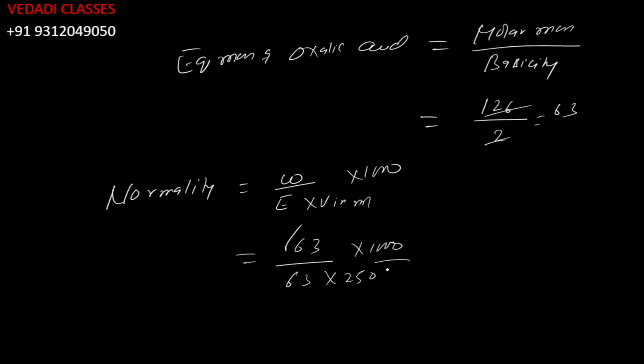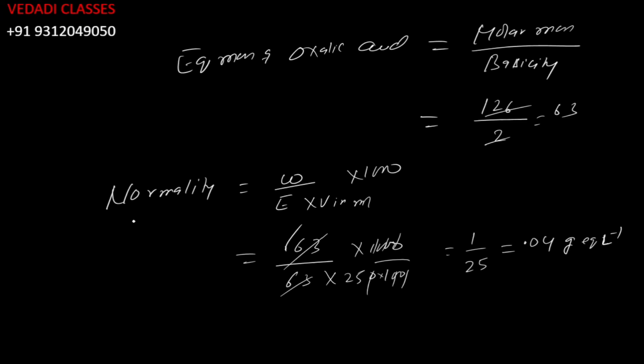Remove the decimal, so it will come 100 over here, zeros are cancelled, then 63 is cancelled, so it will come 1 by 25, which is 0.04 gram equivalent per liter.